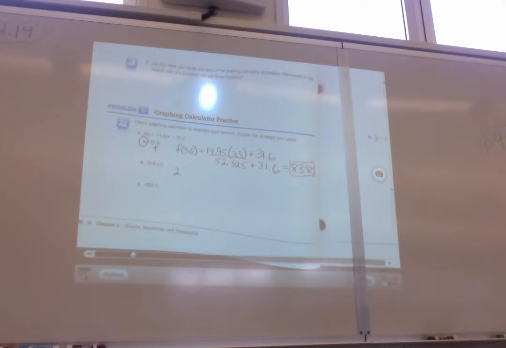Because the x was right after the 14.95, that's a times 16.37. Now you go to plus 31.6. Set up correct, times and add. That one's good.